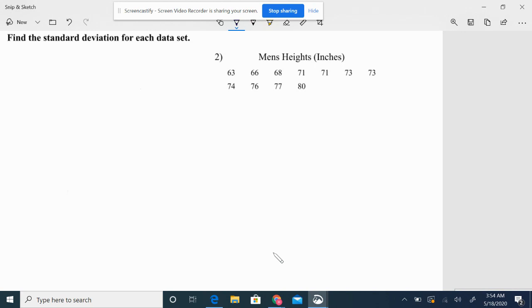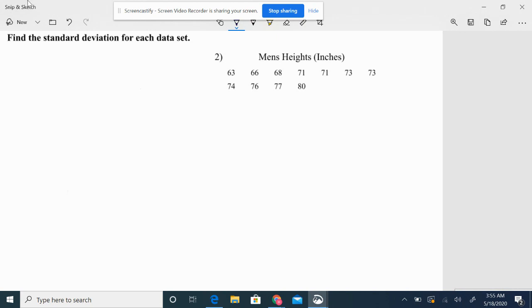I have 792. Now I'm going to divide it by the count: 1, 2, 3, 4, 5, 6, 7, 8, 9, 10, 11. So 792 divided by 11 gives me 72.